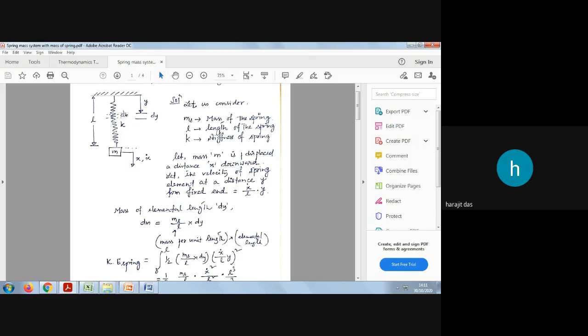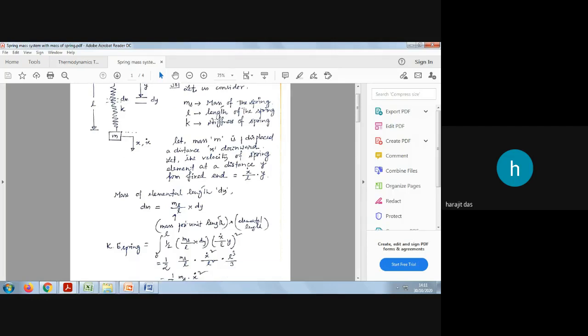Understood? So the elemental mass is dm, and the velocity we have found to be x dot upon L into y. Half mv square will be the kinetic energy for the spring. For this elemental length we find half mv square, and integrate from 0 to L for the whole length of the spring.